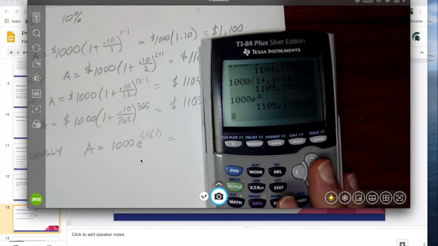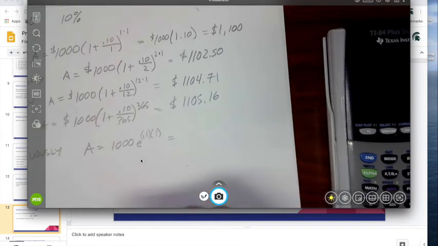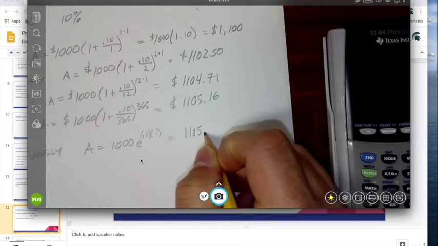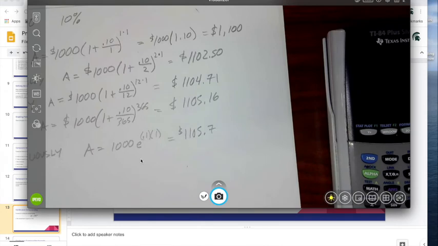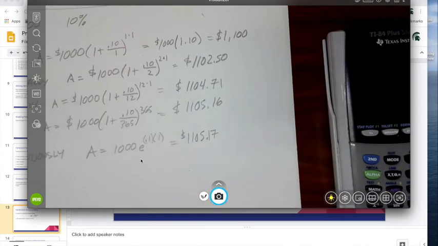We get 1105.17. So really not much difference at all between daily and continuously, but still technically, I almost missed the .17. So not a big difference, but slightly better.